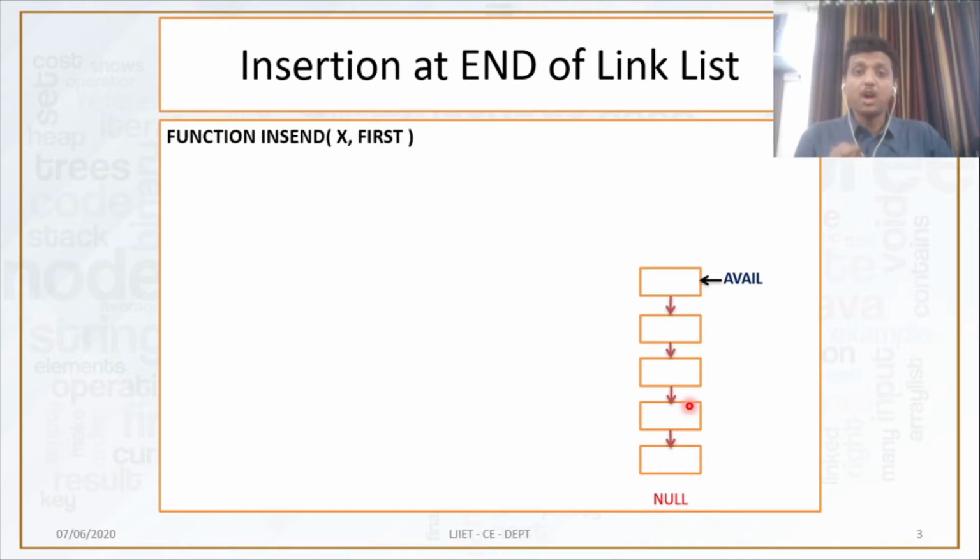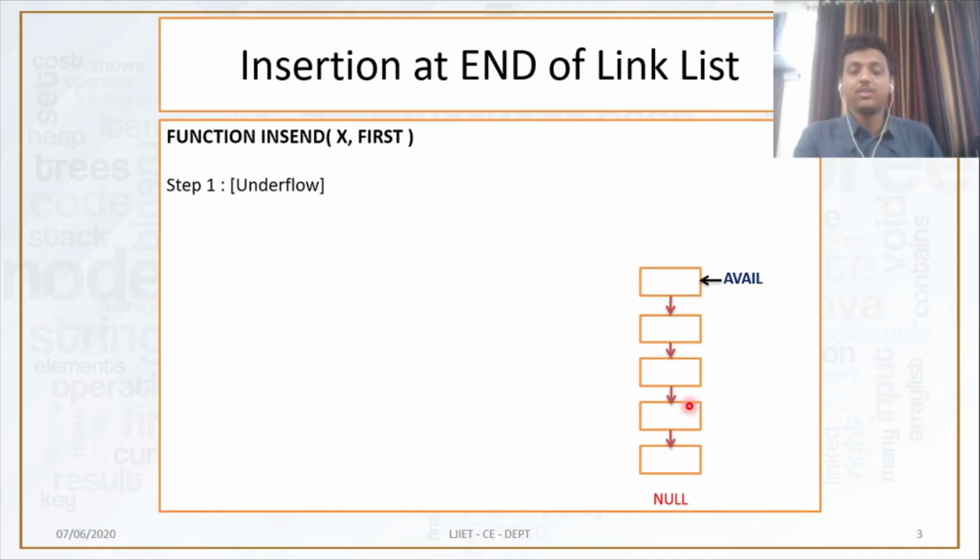If your availability stack does not contain any node, then it is underflow. It cannot give any node, so you cannot insert any element. So for insertion, we first check the underflow condition, underflow for the availability stack.